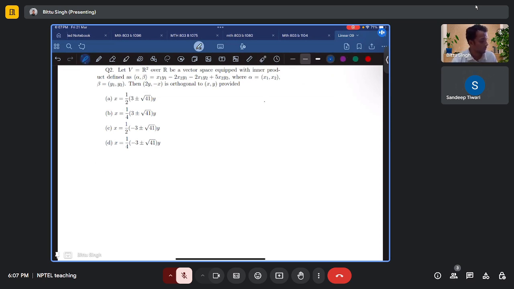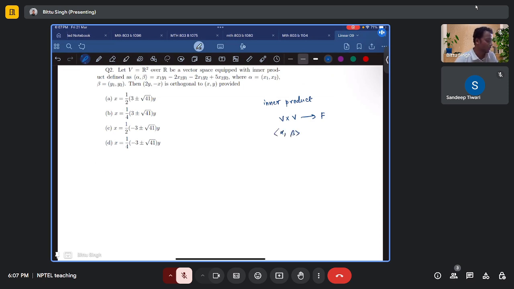What is the meaning of inner product? Given a vector space V, we define a map from V cross V to the scalar field F, and it satisfies some properties. The notation is V comma W for the inner product between those two vectors, for example here it is given as alpha comma beta.